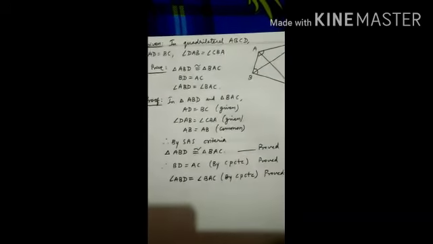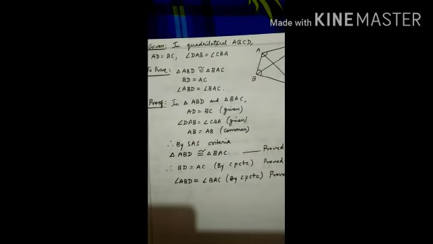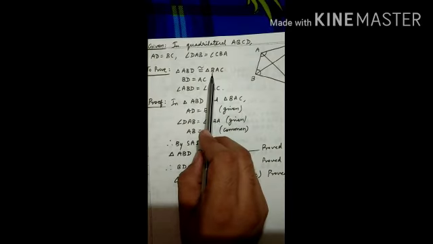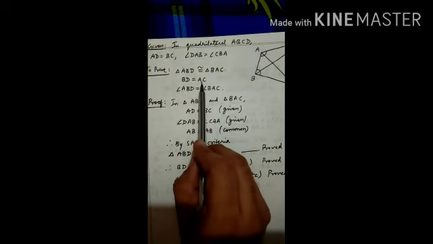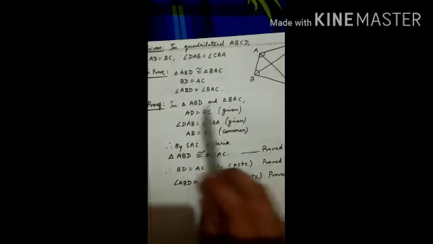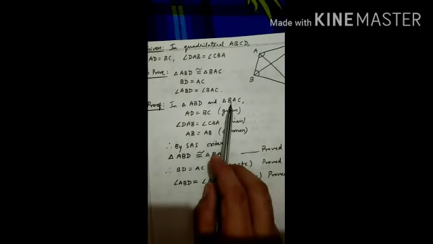So we can see how we are going to prove them congruent. We have to prove triangle ABD congruent to triangle BAC, with side BD equal to AC, and angle ABD equal to angle BAC.